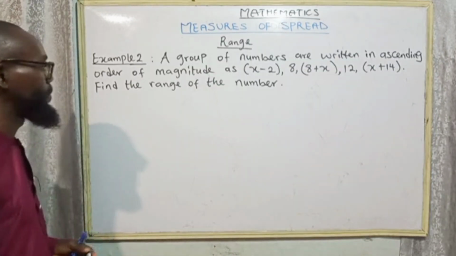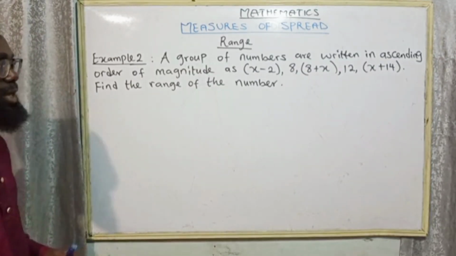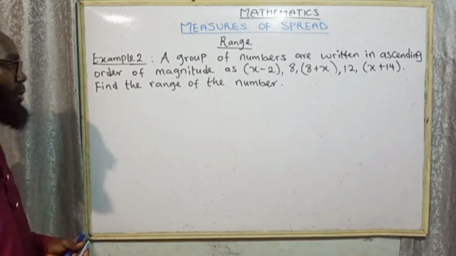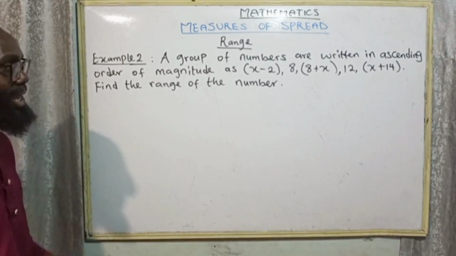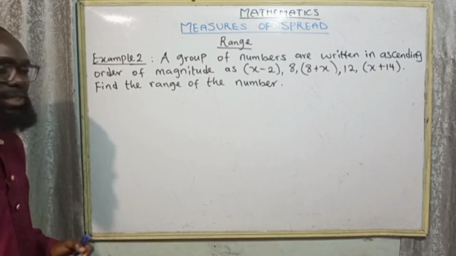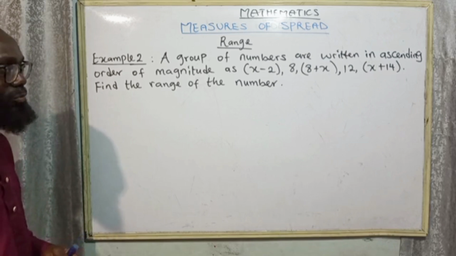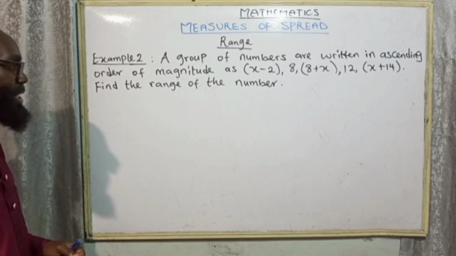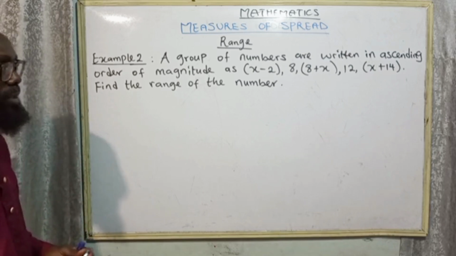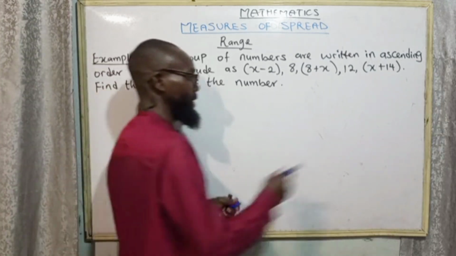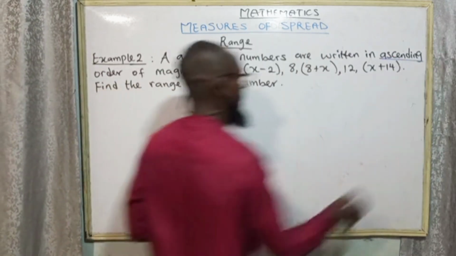Example 2. A group of numbers are written in ascending order of magnitude as x minus 2, 8, 8 plus x, 12, x plus 14. Find the range of the numbers. The first thing we take note of is this ascending order.